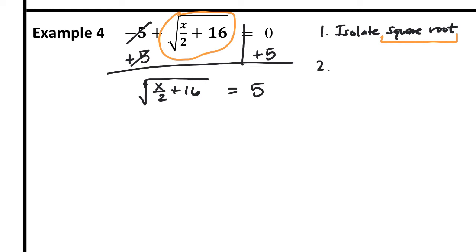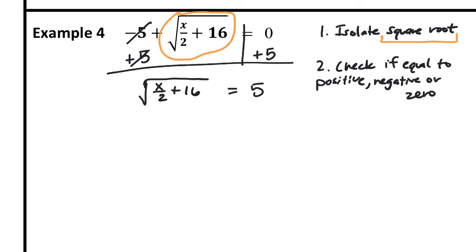And then step 2, check if equal to positive, negative, or 0. And so we have a situation where it's equal to positive. Right, the square root is equal to a positive.